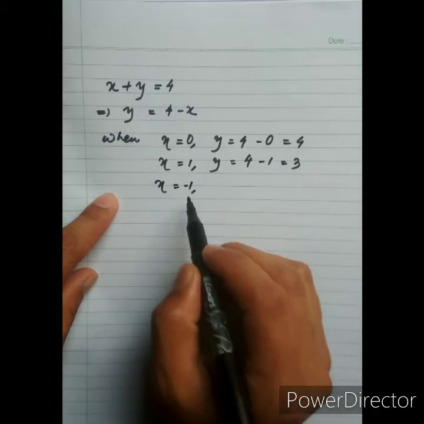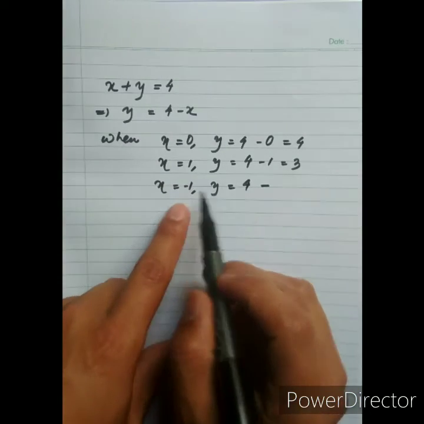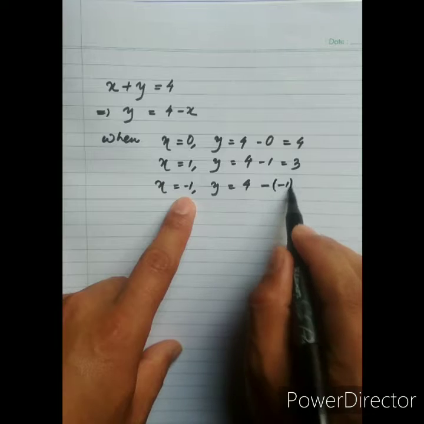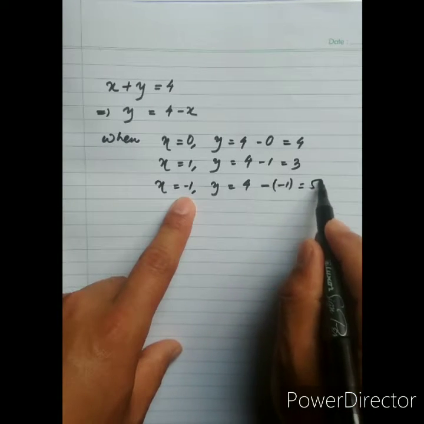When x is minus 1, y equal to 4 minus, what is the value of x here? Minus 1. So let me use a bracket here, then minus into minus is plus. So 4 plus 1, we are getting 5.